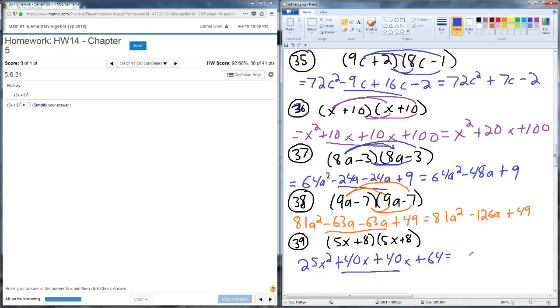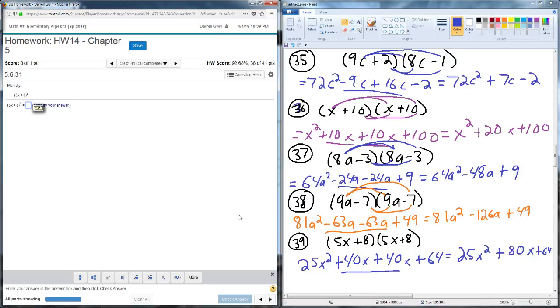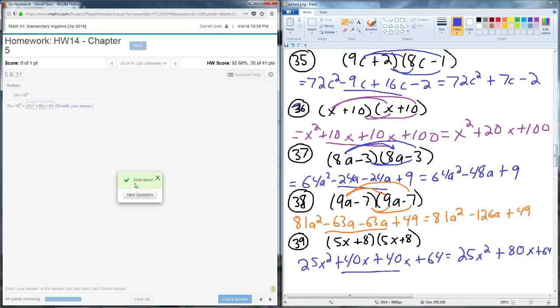Combine like terms in the middle. You get 25x squared plus 80x plus 64. Type that in. 25x squared plus 80x plus 64. Enter. Yay, we got it.